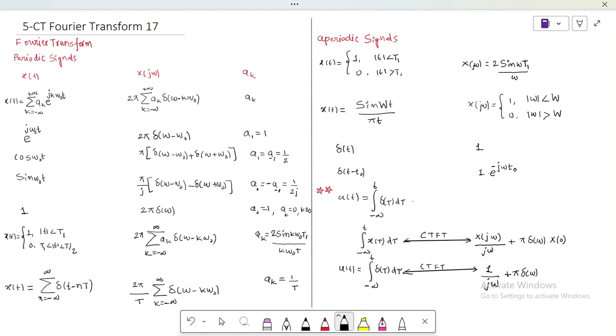So the continuous time Fourier transform equals what we are getting here: 1 by j omega plus pi into del of omega. So this is the case.